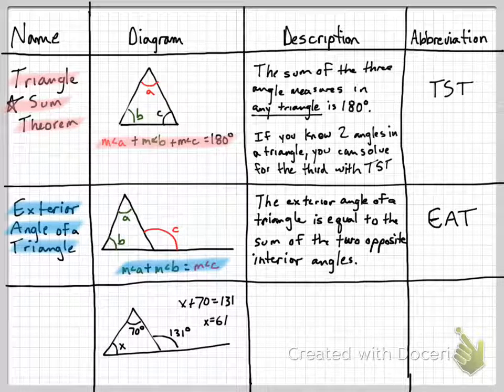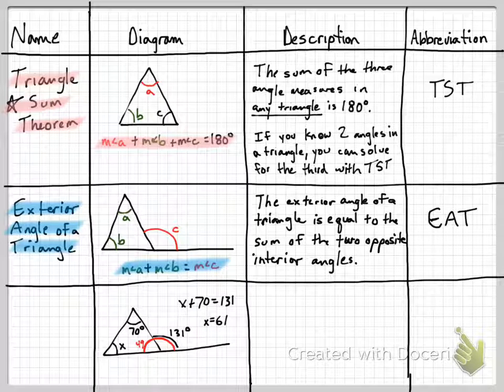Because notice in the same diagram that 131 and this angle right here, I'll draw it in red real quick. What is this angle relationship? Linear pair. So this is a linear pair. We can actually solve for that angle right there. And in this case, it would be 49 degrees.